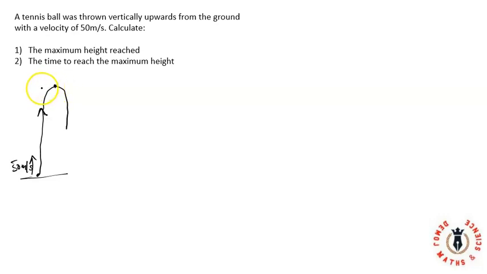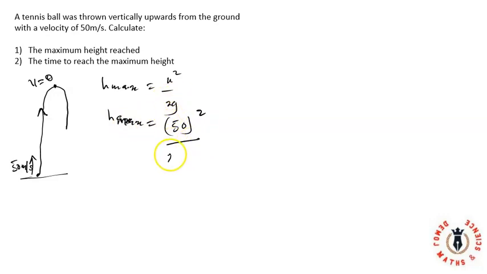At the maximum height, you know that v is already equal to 0. Now from our formula, you remember that we said our h max is equal to u squared over 2g. So h max, which is the maximum height it would have reached, will be equal to u squared, that's 50 squared, all over 2 into g. Let's assume g to be 10.